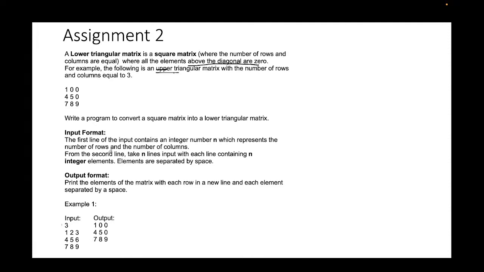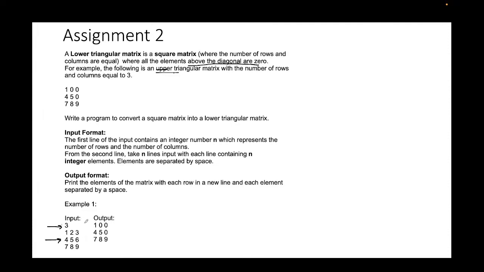From the second line, take n lines of input with each line containing n integer elements separated by a space. So your input should be in this format. You are saying the dimensionality is 3, so you want a 3 by 3 matrix, and then you enter these elements separated by a space. This is how your input matrix should look.